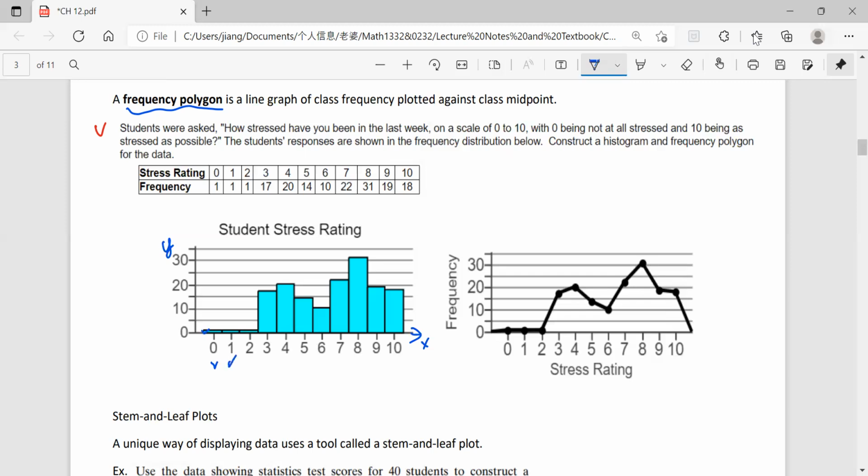And then for the rating 1, the bar is this height because 1 student said the stress rating is 1. And then for 3, 4, 5, they are matched to the different frequencies.